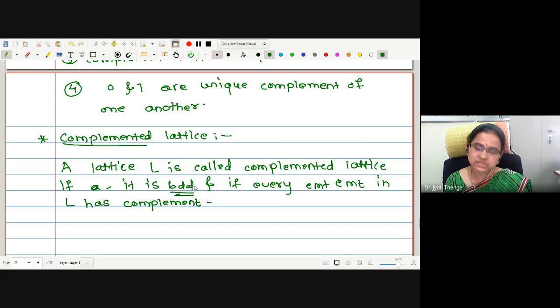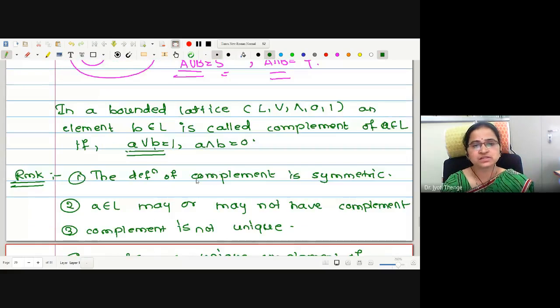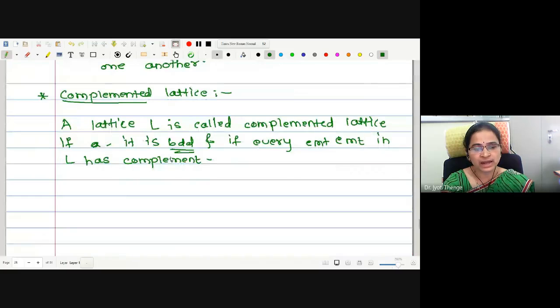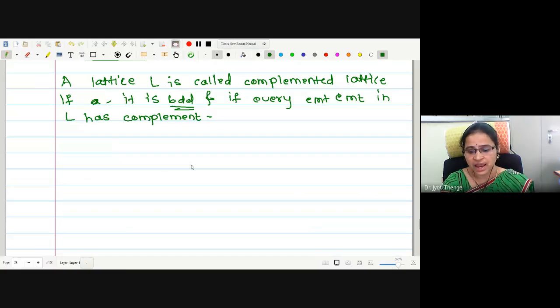Why is boundedness essential? Because for the existence of a complement of an element, we need a bounded lattice. Therefore, a complemented lattice must be bounded so that the least and greatest elements exist. And if every element of the given lattice has a complement, then it is a complemented lattice.